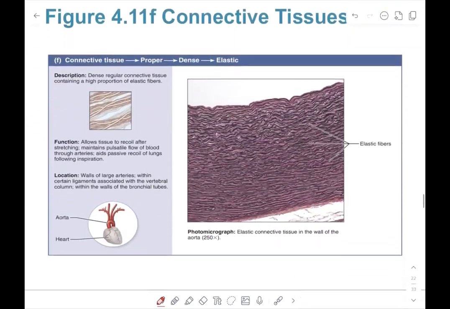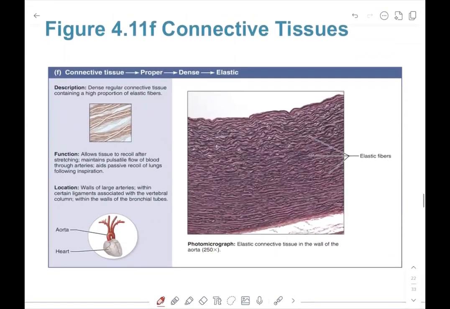The third type of dense connective tissue is called elastic connective tissue. So it's dense, regular connective tissue with a high proportion of elastic fibers. So instead of having collagen, like we've seen previously, we're going to have mostly elastic fibers.